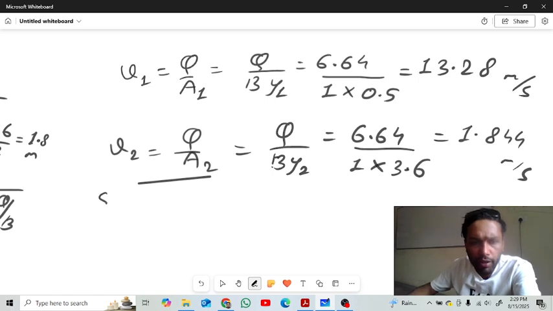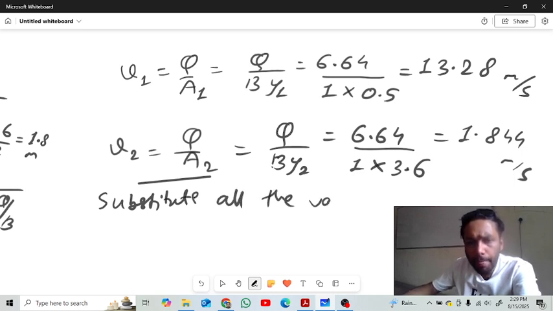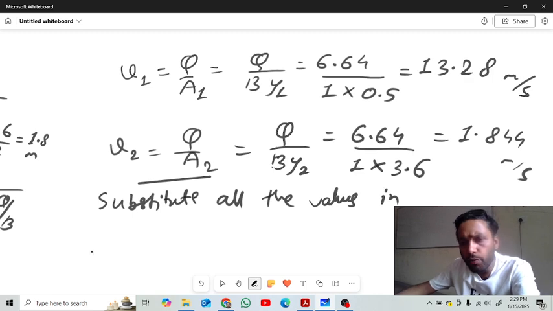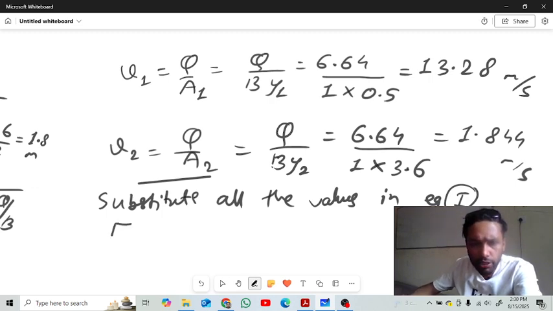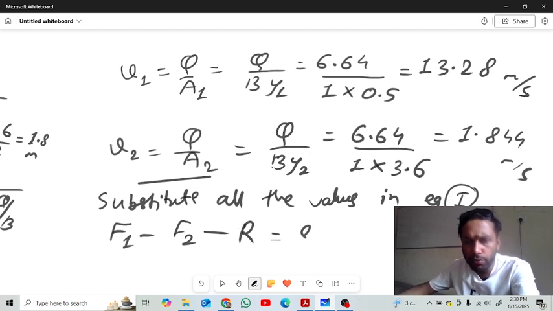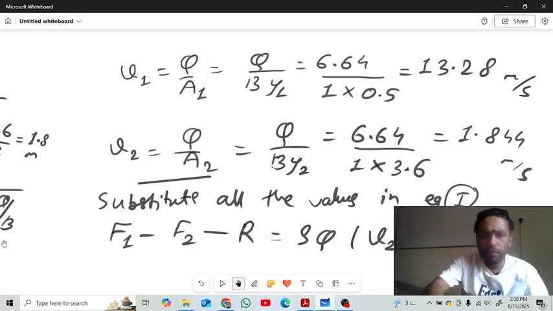Now let's substitute all the values in equation 1 to get the reaction. Equation 1 is F1 minus F2 minus R is equal to rho Q into V2 minus V1. How much have you got for F1?